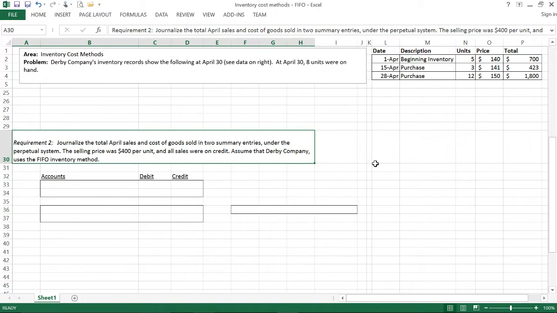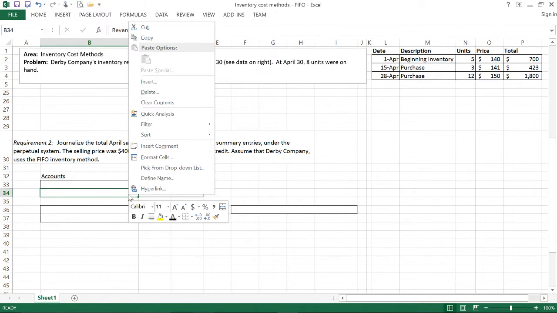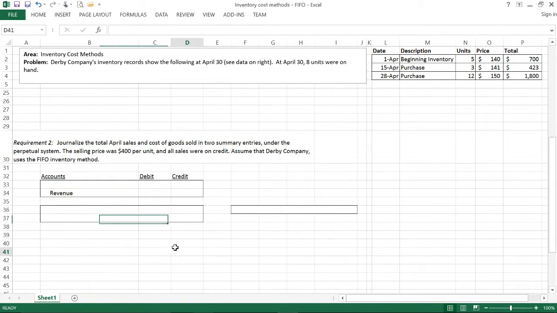The next requirement, we need to journalize the total April sales and cost of goods sold in 2 entries under the perpetual system. The selling price was $400 per unit, and all sales were on credit. Assume that Derby Company uses the FIFO inventory method. So the first part here deals with sales. So we know that we need to credit revenue.